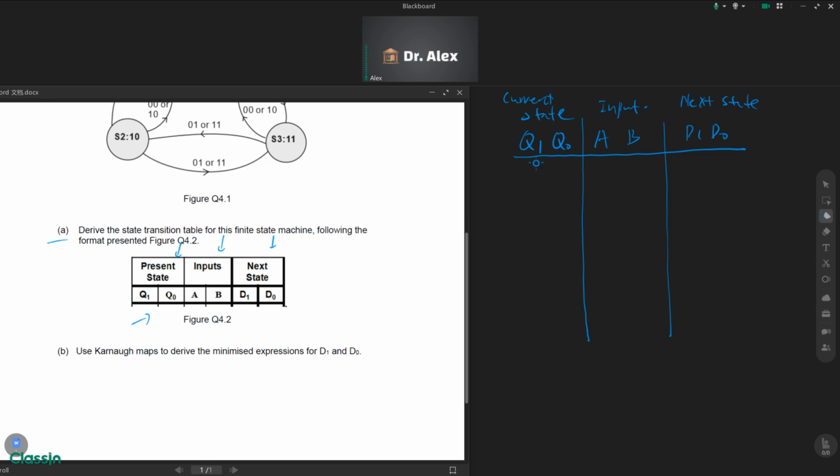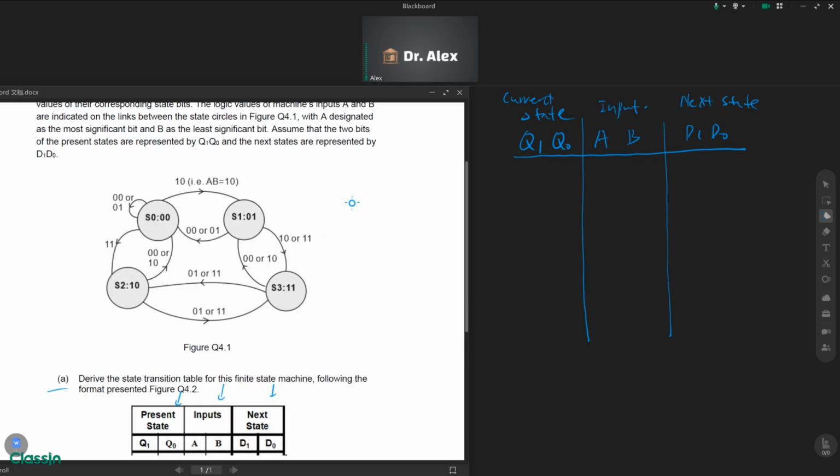So we go back to the transition table. We start from S0. Okay, and we can see there are only three arrows pointing out from S0 to the next state. So first one is 00, which is S0.